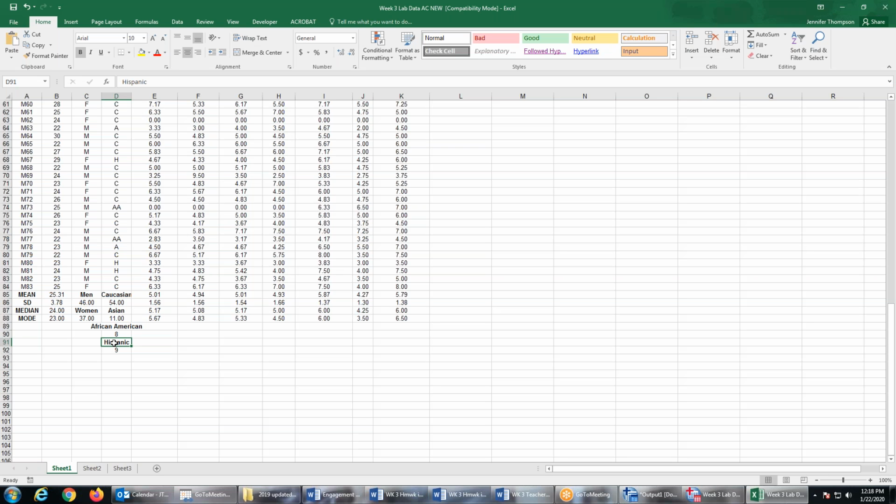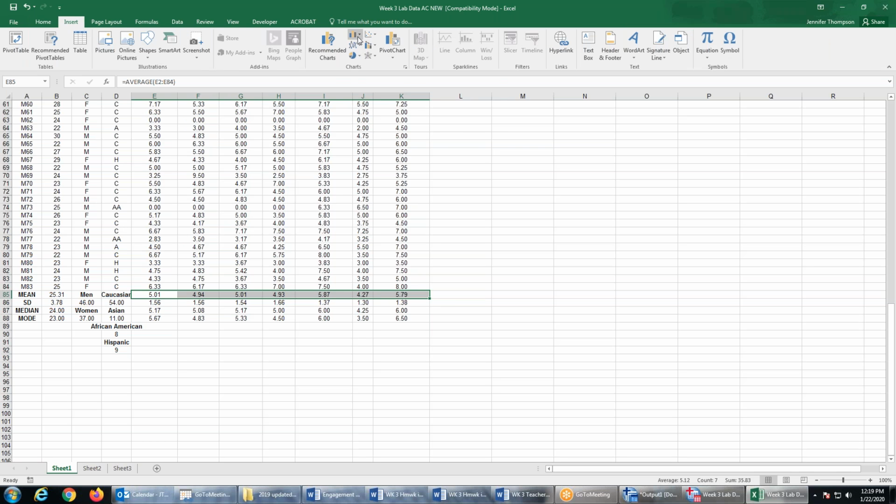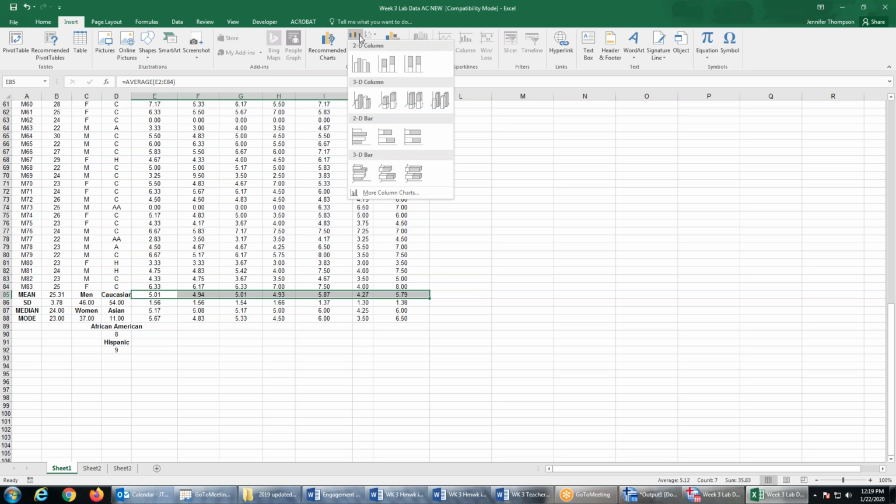Okay, so then we create the bar chart of means of competencies. Select the means right here. And then insert bar chart.